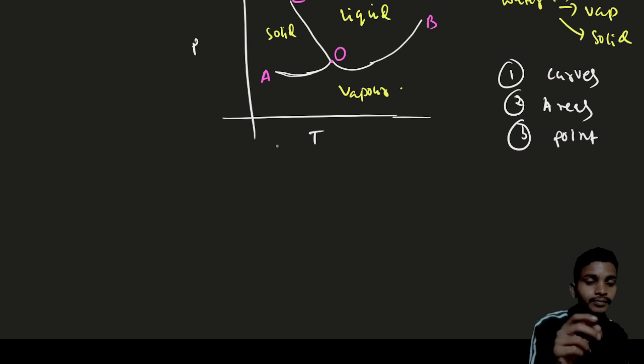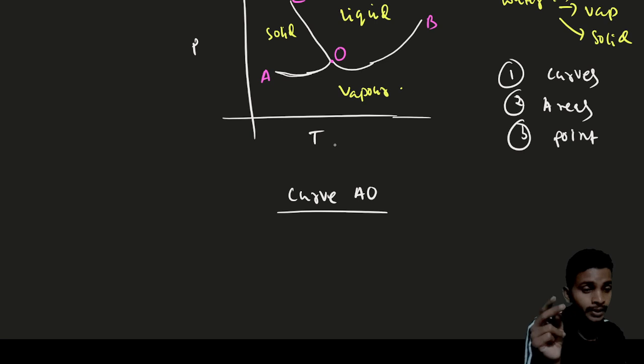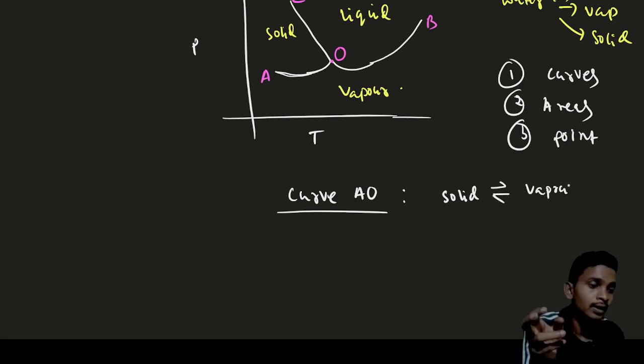Now what are the curves? Let me explain the curves first. Curve AO: above this curve is solid and below is vapor, so solid and vapor are in equilibrium.